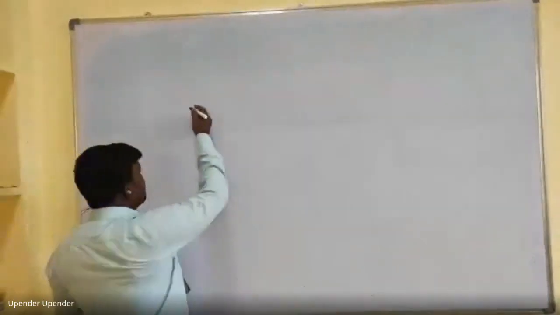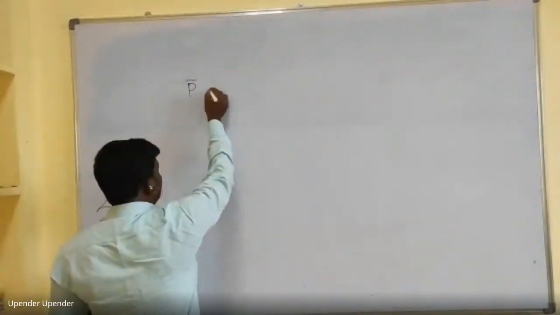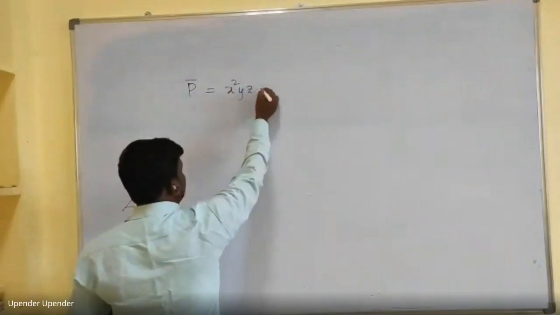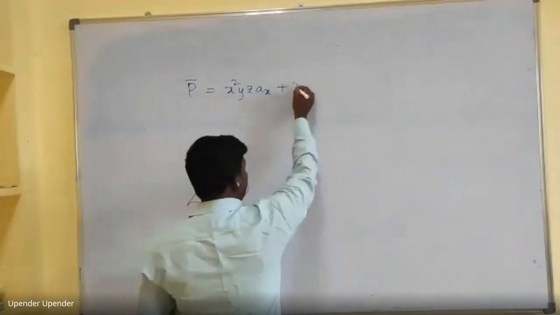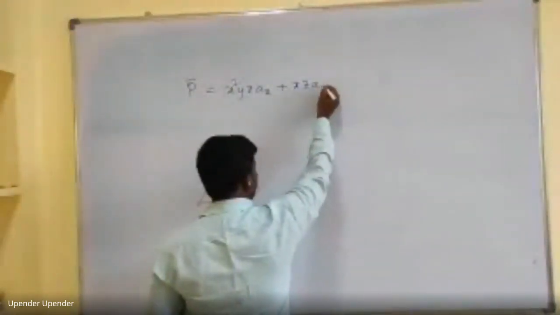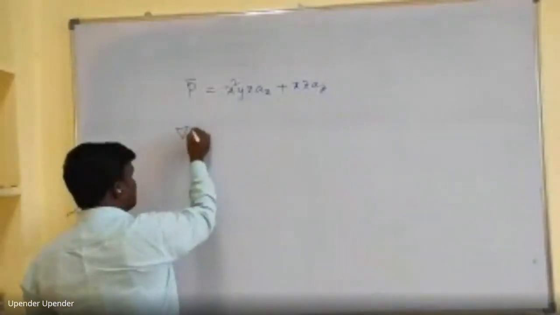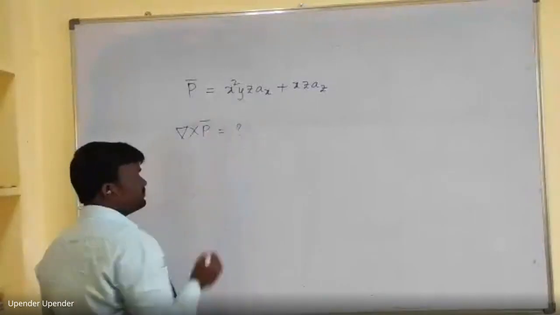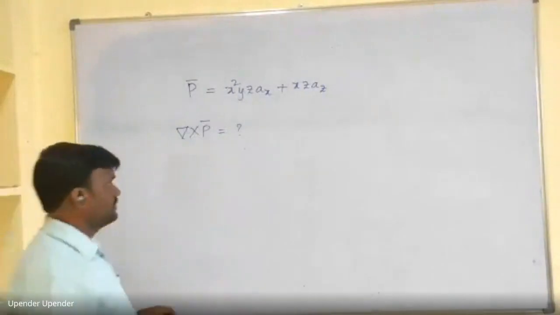Let us consider a vector P bar like this, that is x square yz ax plus xz az. Find curl of this vector, that is del cross P bar. How can we find it?